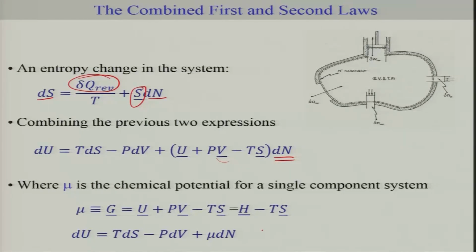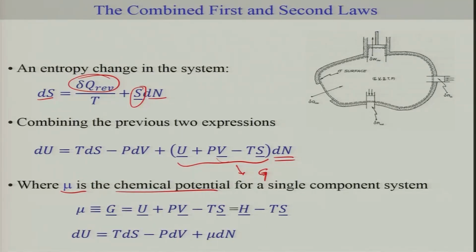Now, we will define this mu. This is something we will learn more about, and this particular variable mu is very valuable in the later part of this course. Mu is nothing but G, something which we have already discussed in the first week of this course.